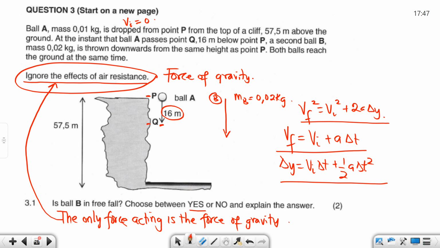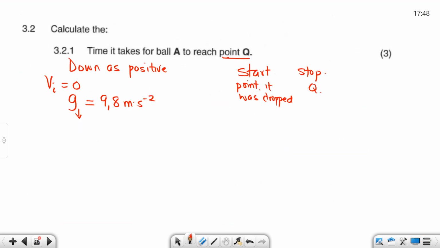Don't go to the formula yet. That's the problem. What is that 16 meters? It is displacement. And the object is moving where? Down. Now, we said down is what? Positive. So my delta y is 16.